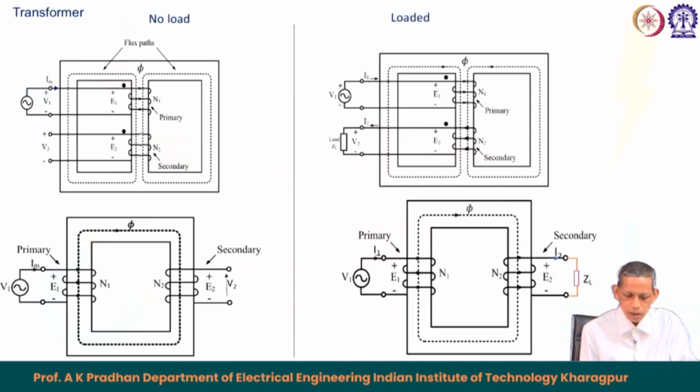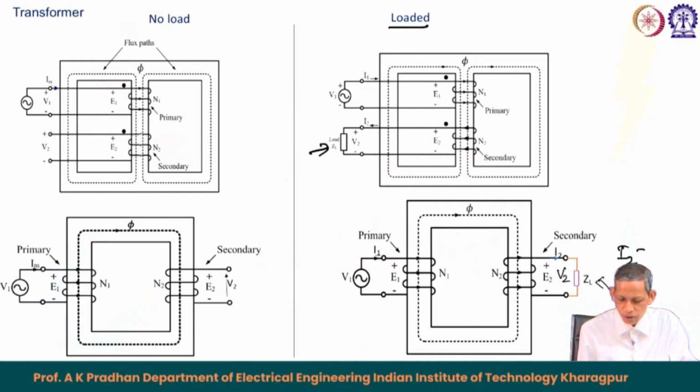Similarly, a loaded transformer is one where we connect the secondary with an impedance Z L. The voltage V 2 available at the terminal of the transformer results in a current I 2.